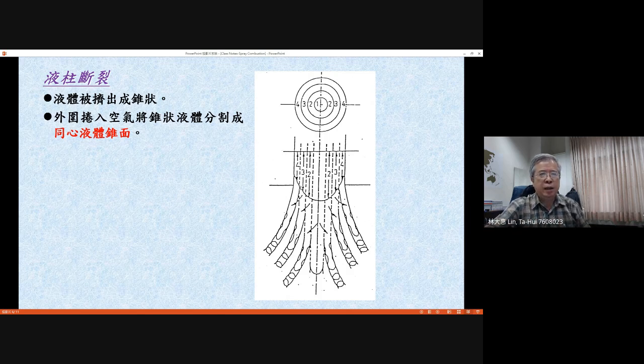And in this case, the air will come in from the outer surroundings into the spreading cone. The entrainment of air and the division of fuel spray. There is the division of fuel spray, which for this example is separated into 4 regions, right? The division of fuel, because there is a velocity difference between regions, right?